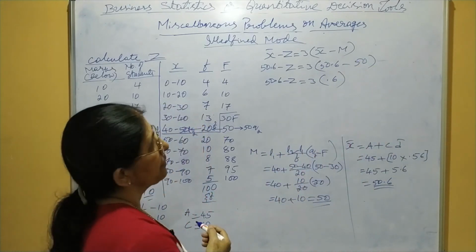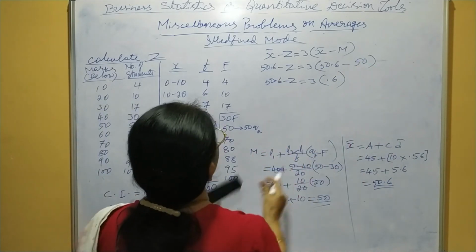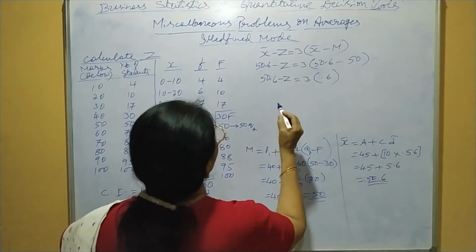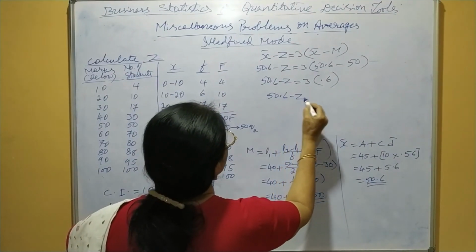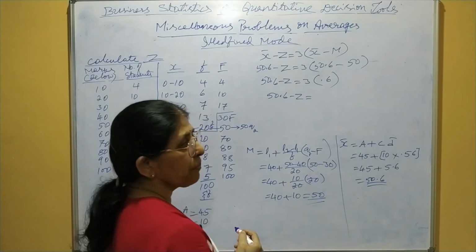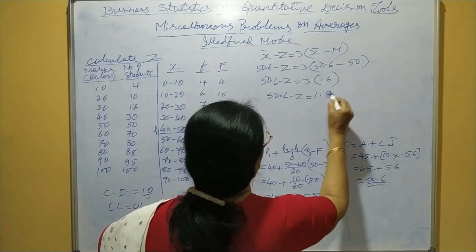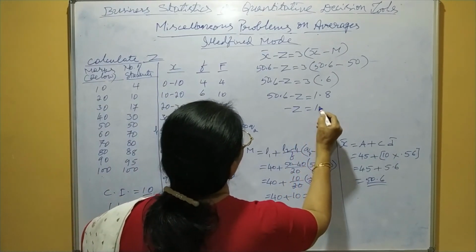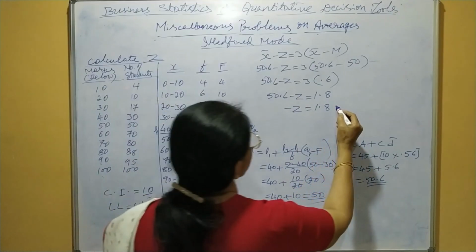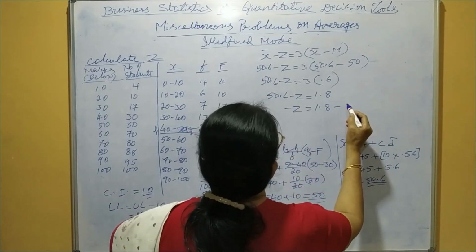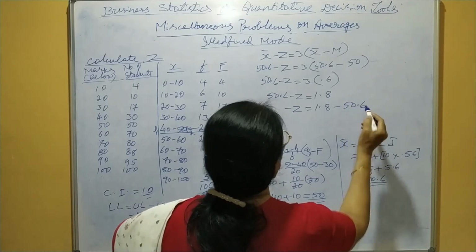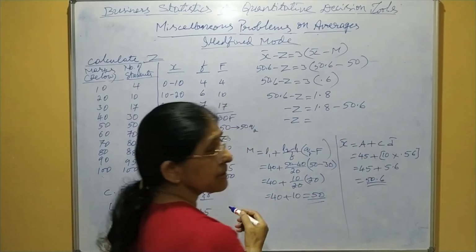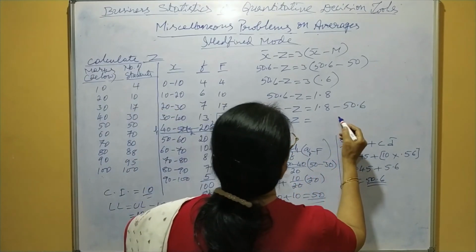50.6 minus 50, that is plus sign. Now, 0.6 minus Z equals 3 into 0.6, 1.8. Now, retain Z here, minus Z equals 1.8, shift this to the left side, here it is plus sign, minus 50.6, minus Z equals the difference, one is plus sign and another one is minus sign.